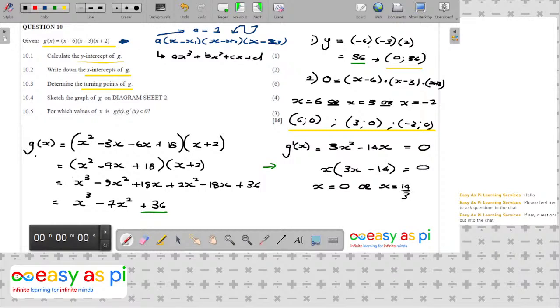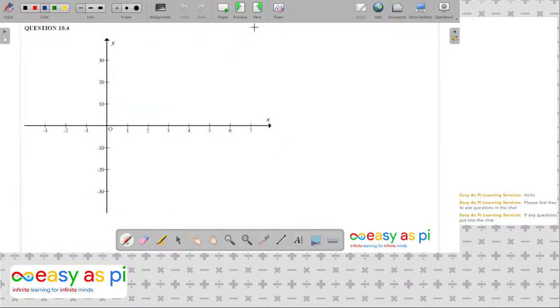All right. So once we have this, what do we do? Well, we then need to take these values of x and plug them into the original equation. So we need to work out f at 0. I'm just going to go to the model because I don't have a calculator.